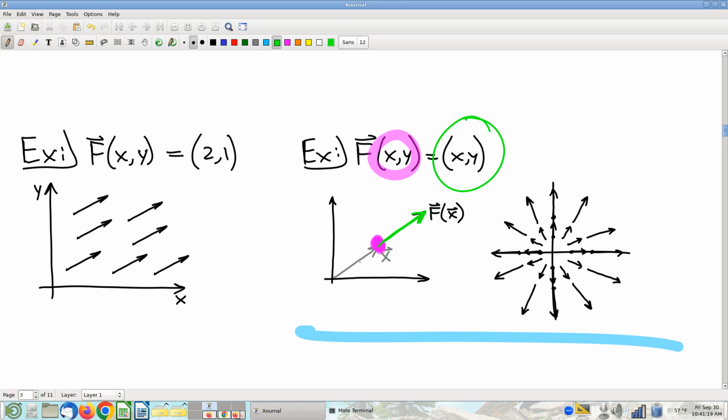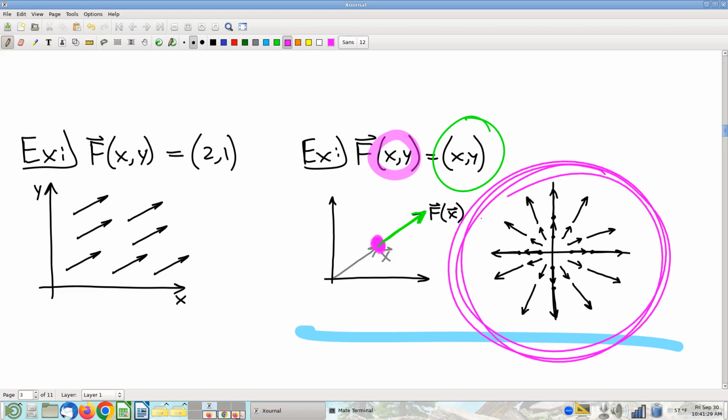Everybody okay with that? And I note that if you do that for a collection of points, then you'll get a picture that looks kind of like this over here. The field vectors always point, as per this example, away from the origin, radially outward from the origin with magnitude equal to however far you are away from the origin.